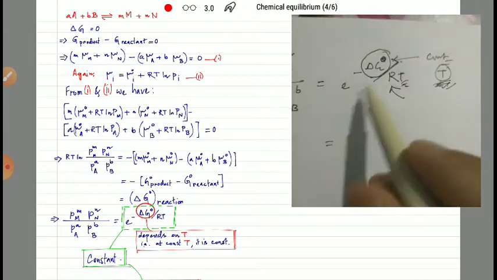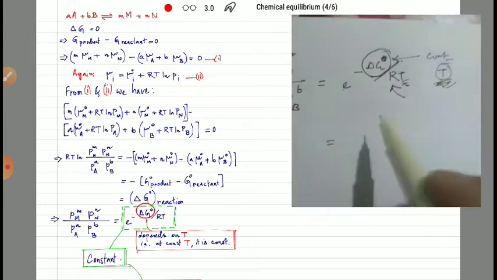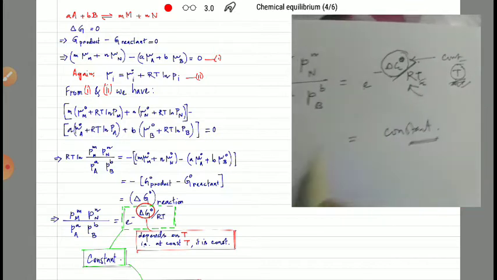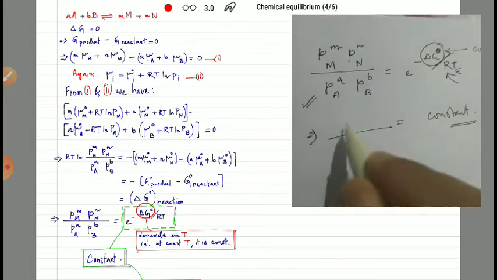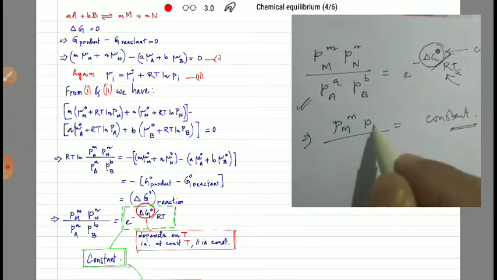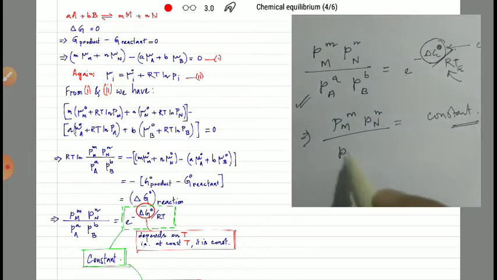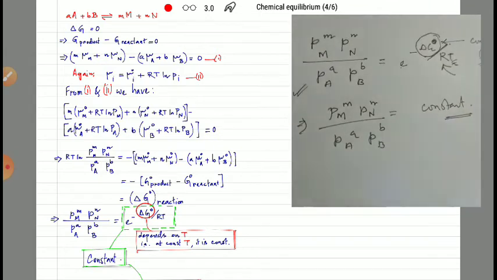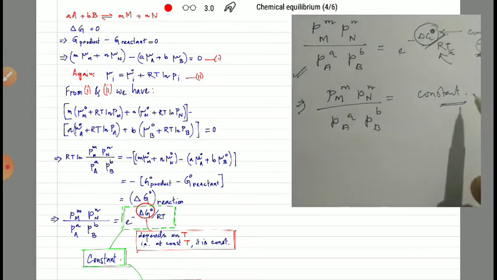So e to the power minus some constant is always constant. That means Pm to the power m, Pn to the power n divided by Pa to the power a, Pb to the power b is equal to constant.